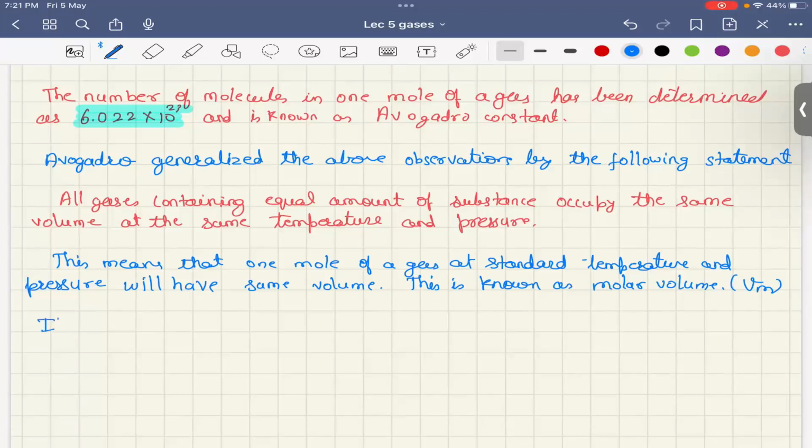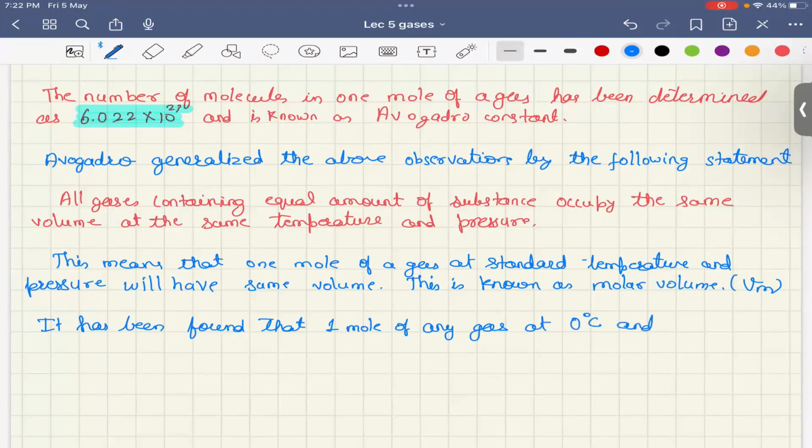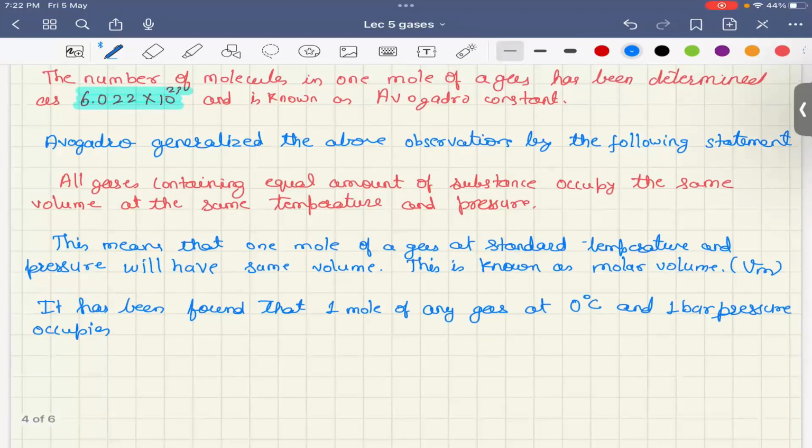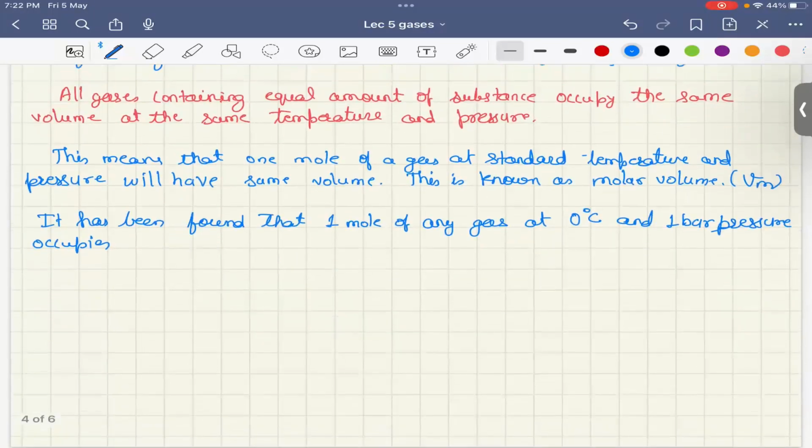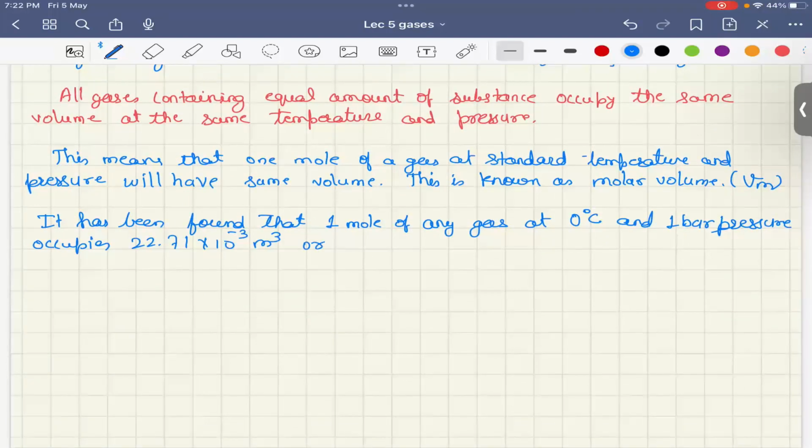And it has been found that 1 mole of any gas at NTP, that is 0 degrees Celsius and 1 bar pressure, occupies 22.71 into 10 raised to power minus 3 meter cube, or 22.71 liter, right?